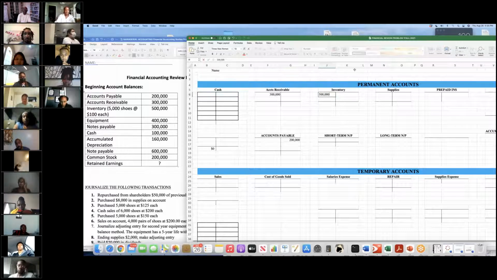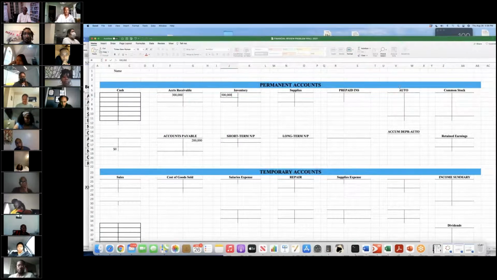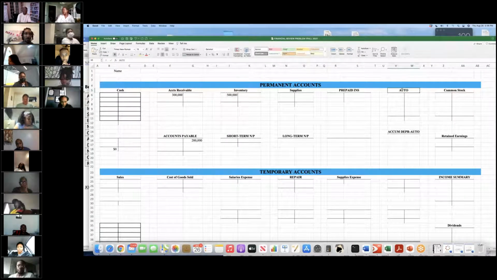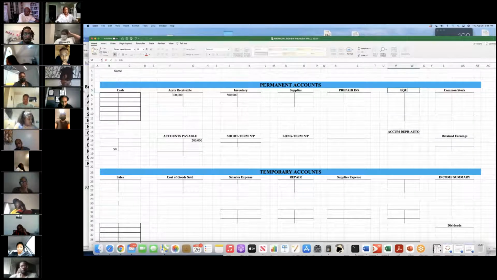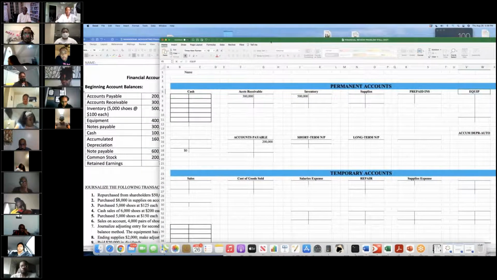Equipment. I debited it. I'll just change auto to equipment. And so the equipment balance is supposed to be 400,000.